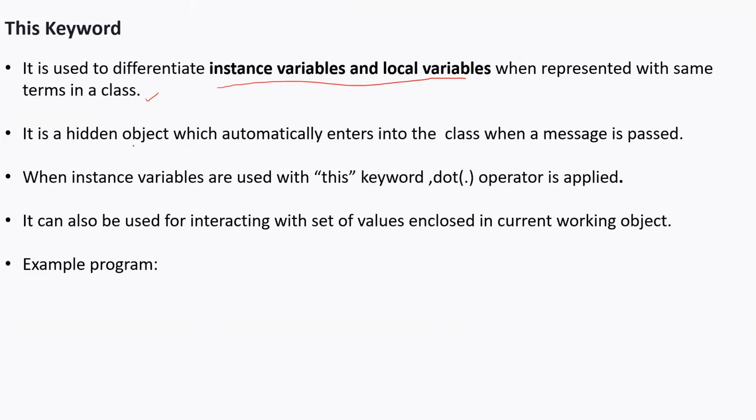Now let us go with the second point. It is a hidden object which automatically enters into the class when a message is passed to that particular class. So when instance variables are used with this keyword, you use the dot operator. It can also be used for interacting with the set of values enclosed in the current working object. Is that point clear? So let us go with an example program.